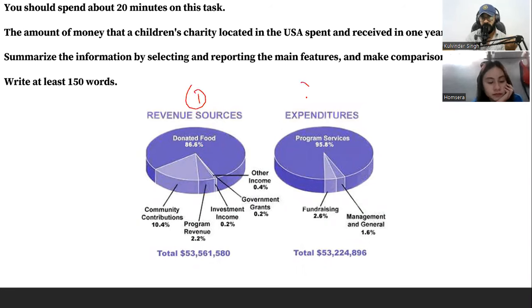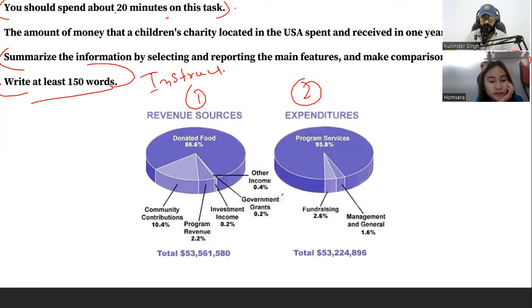Now here we have two pie charts. The details are given. There's a question given, and the question would come in the same format. You should spend about 20 minutes on this task. Summarize the information by selecting and reporting the main features and make comparisons where relevant, and write at least 150 words. Clear? These three things are the instructions that are given in order to notify us what exactly you're going to do in this.